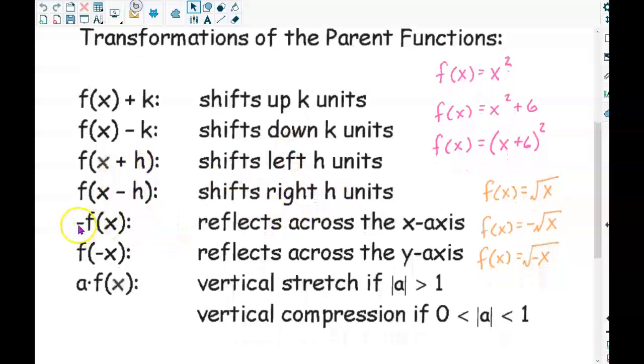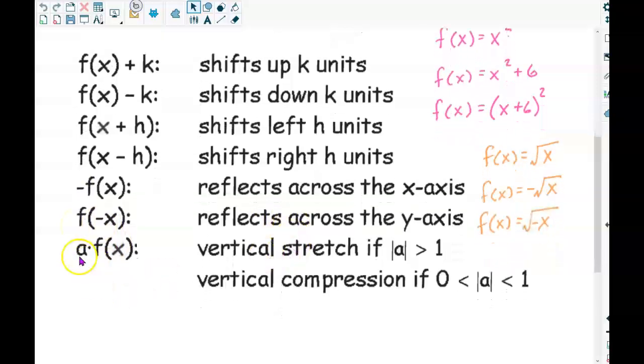What does the negative in front do? Reflects across the x-axis, agreed? The negative here reflects across the y. If the absolute value of A is greater than 1, then it's a stretch. If A is between 0 and 1, it's a compression, right? I will PDF this and put it in the notes for you.